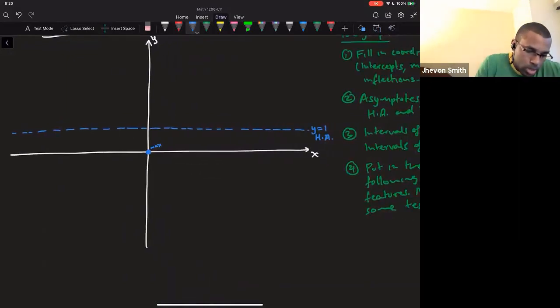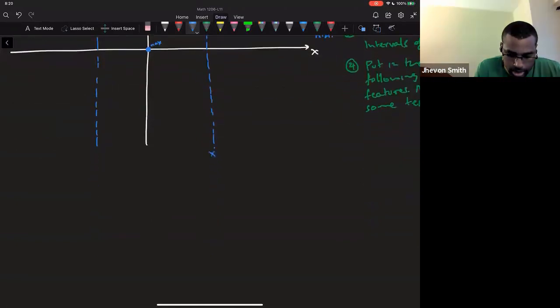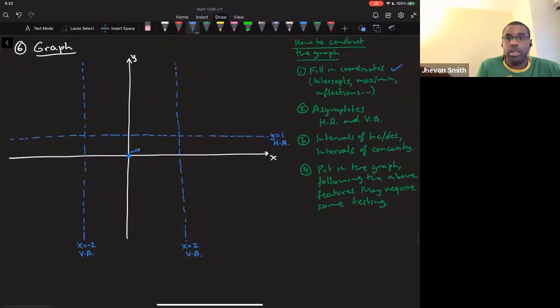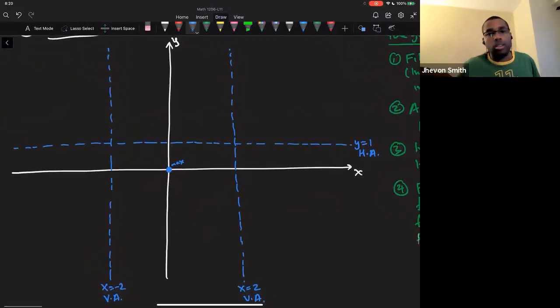Then I'm going to put in the vertical asymptote: this is x equals 2, and the vertical asymptote x equals -2. So I put in the asymptotes. These are broken lines. They're not actually on the graph, but they are lines that the graph has to maneuver around.